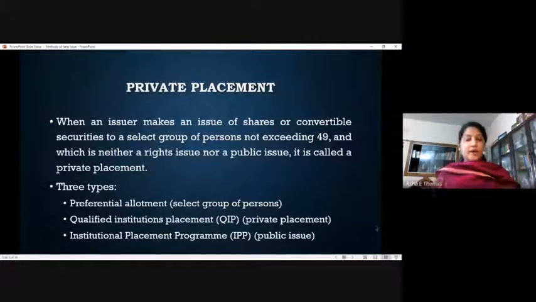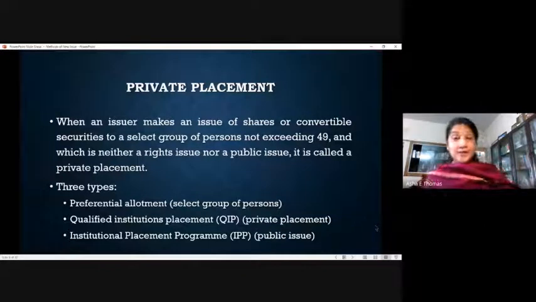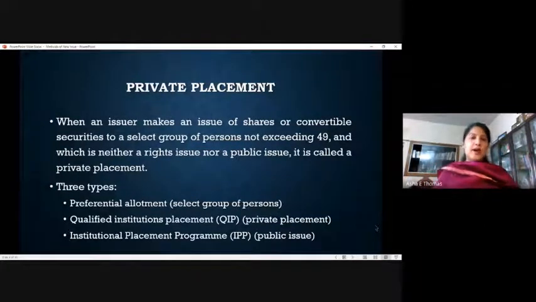So the IPP stands as a tool for increasing private participation in the capital structure of public companies. So private placement, in short, is where the offer to be part of the shareholding of a company is limited to a particular group.